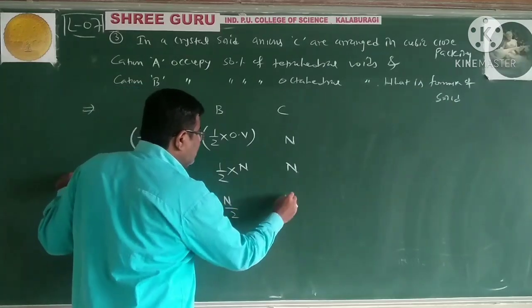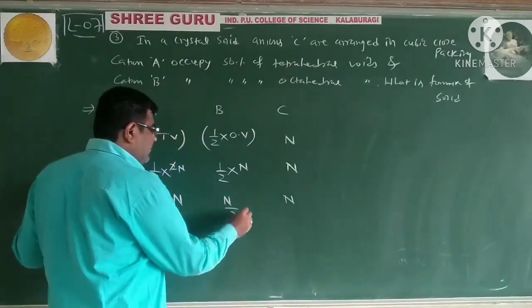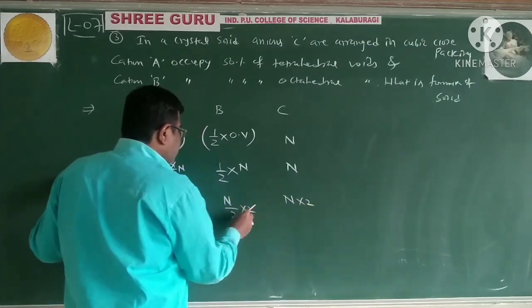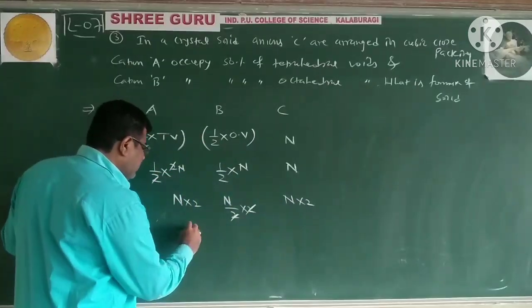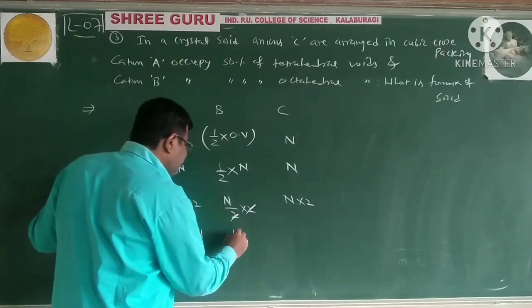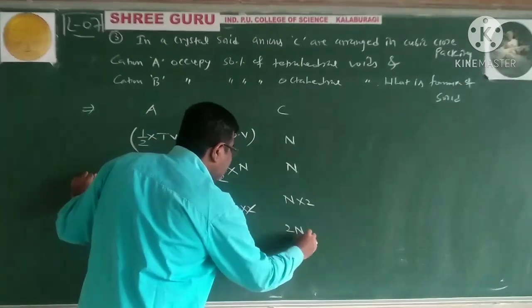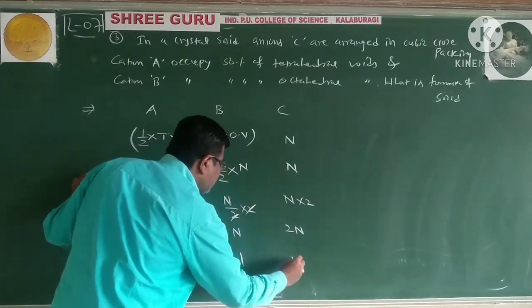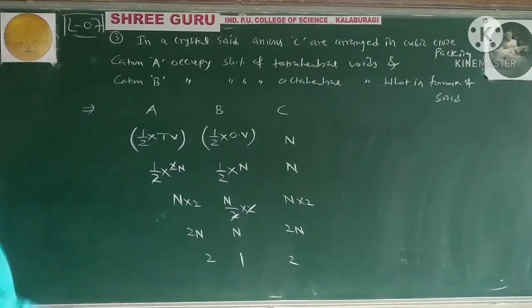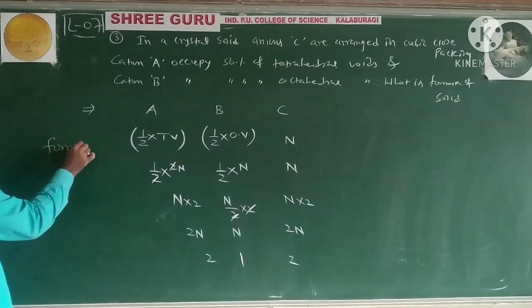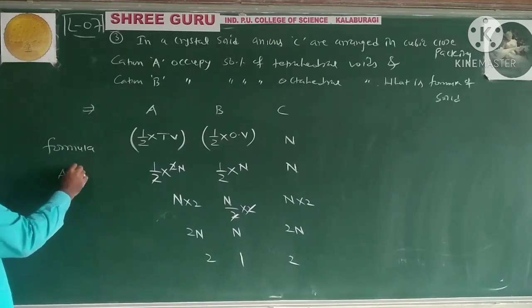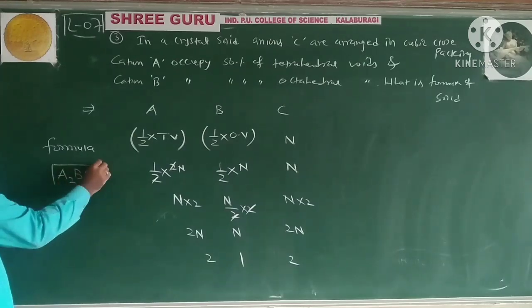A is N, B is N by 2, and C is N. Multiply by 2 so that this cancels. We have 2N, N, 2N, so 2, 1, 2 is the ratio. So we can write the formula as A2BC2.